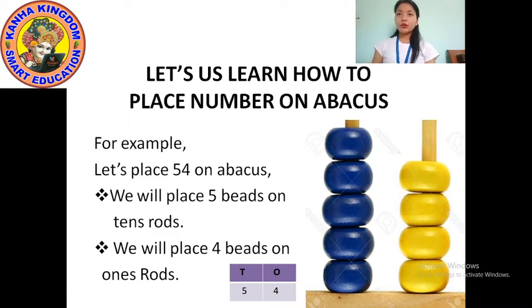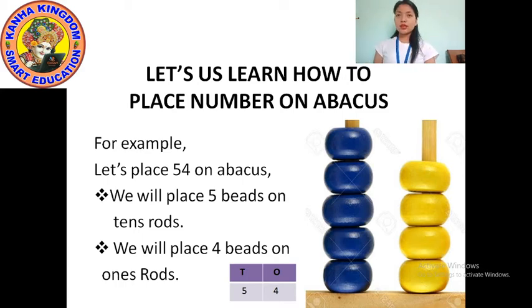And we will place 4 beads on the ones rod, because 4 is in the ones place in the place value chart, whereas 5 is in the tens place in the place value chart.